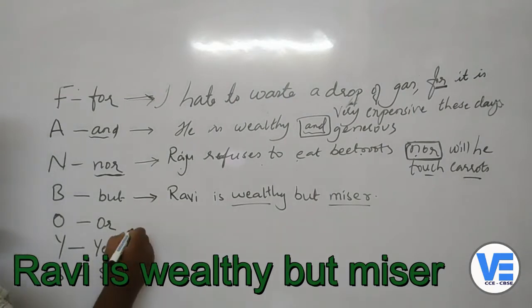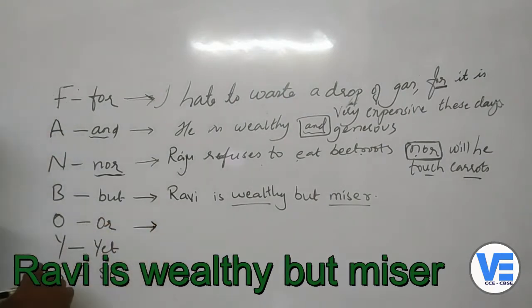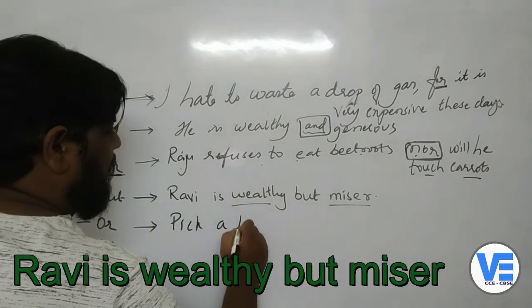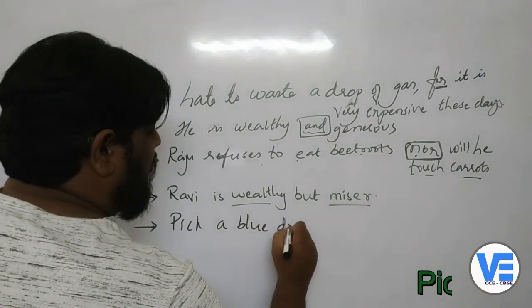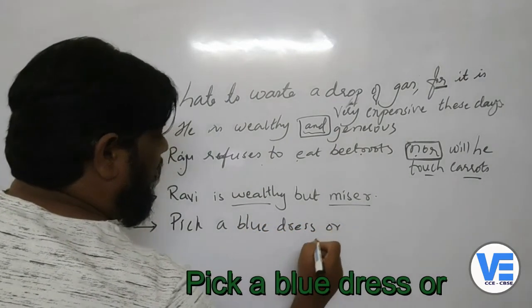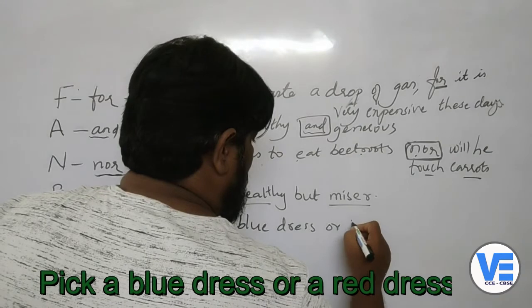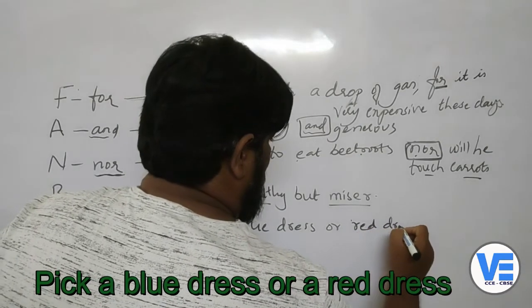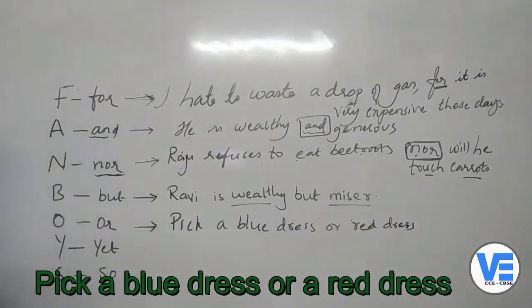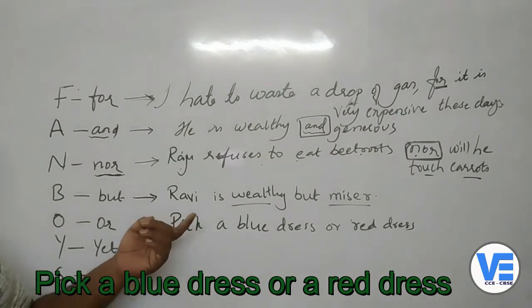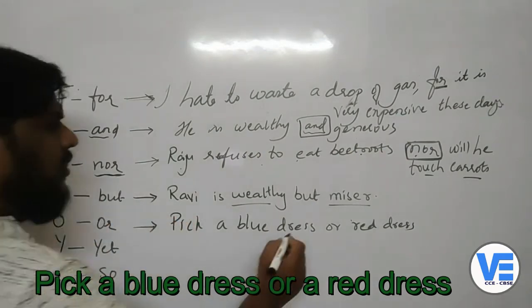And now coming to the word called "or". Let me write like this. Pick a blue dress or red dress. So here, pick up a blue dress or a red dress.